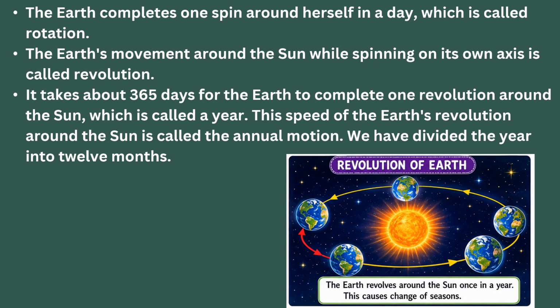The Earth's movement around the Sun, going round and round the Sun while spinning on its own axis, means it is turning on its own and also going around the sun. That is called revolution. So it takes 365 days, that is 1 year, to complete one revolution around the sun. When it completes one full circle around the sun, that is a year.